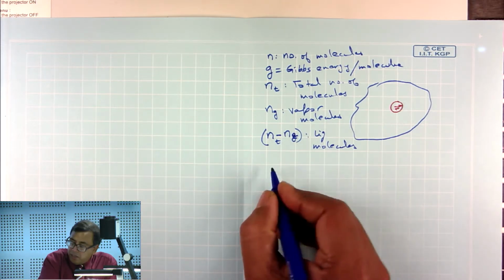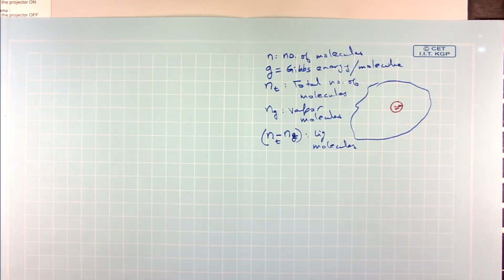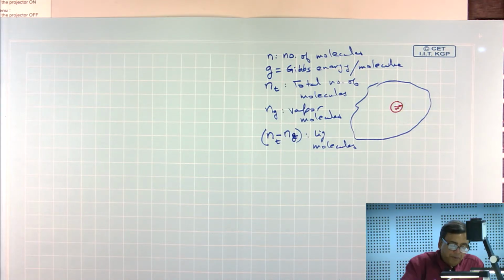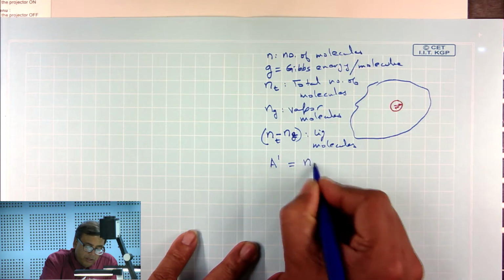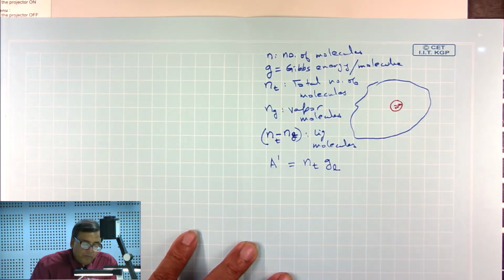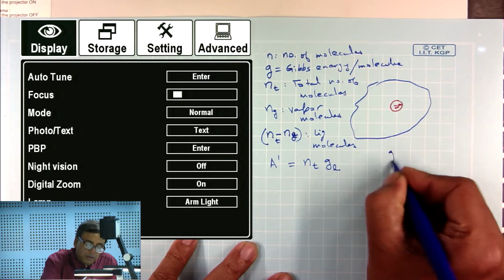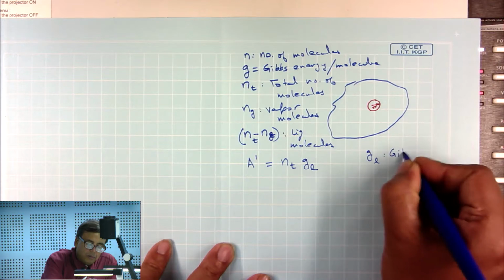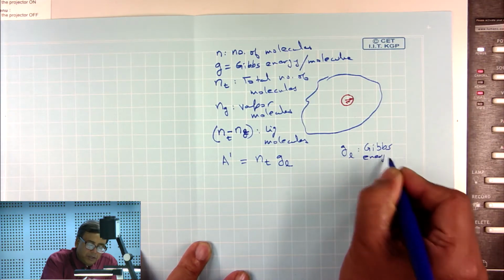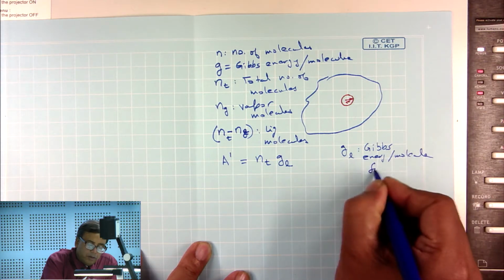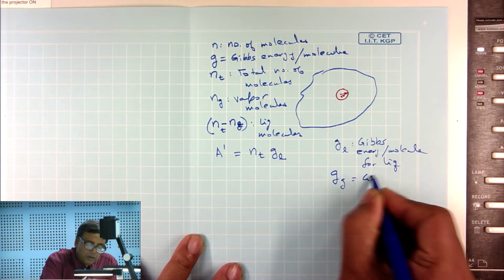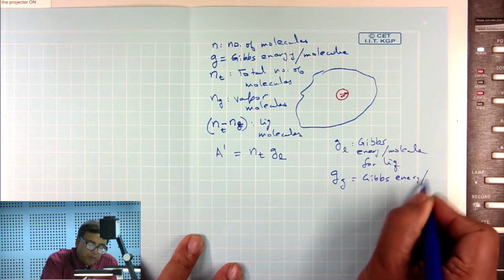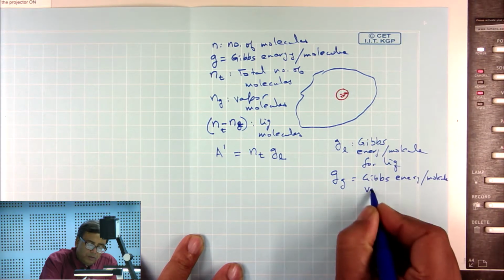So, if I write down my Gibbs free energy, before the vapor bubble formed, my availability of the system was Nt times GL, where GL is the Gibbs energy per molecule for liquid, and Gg is the Gibbs energy per molecule for vapor.